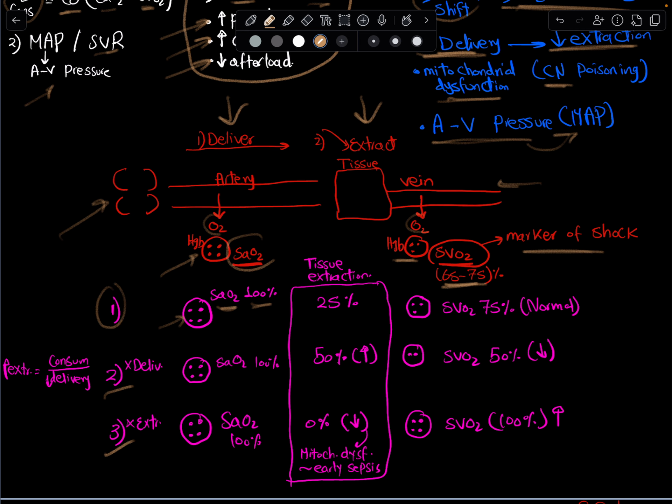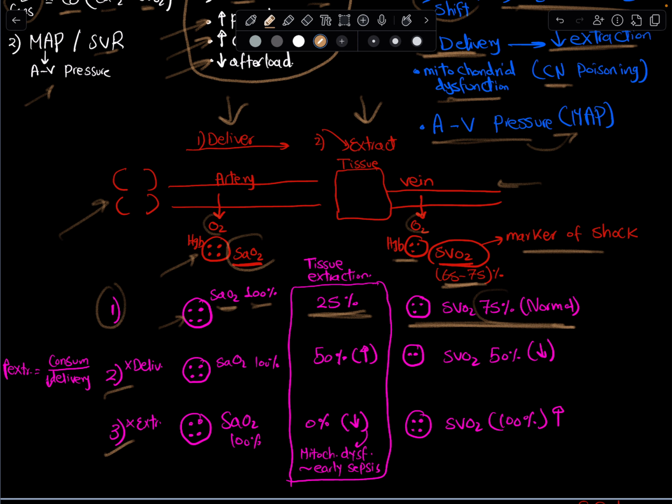The tissue extracts part of it, and you check the oxygen saturation in the vein, the SvO2, and you find it's 75%, which means the tissue extracted 25%. So the SaO2 is 100%, the tissue extracted 25, and what's left over, the SvO2, is 75%, which is in the normal range.